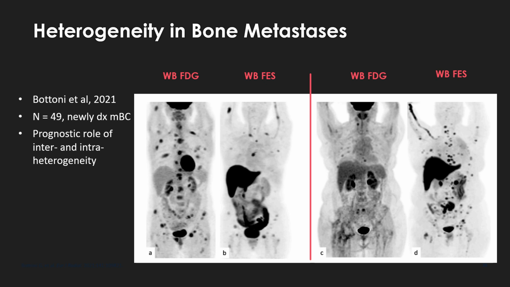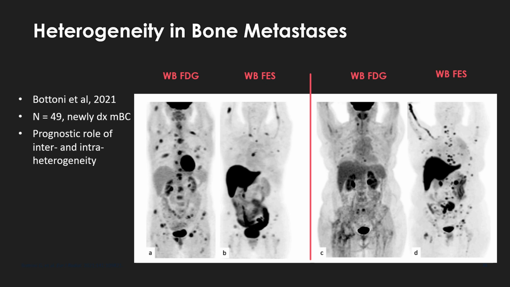The patient on the right, however, had much fewer bone metastases, and the FES study has a lot more noticeable lesions on it. This patient had predominantly ER positive metastases and did not suffer from disease progression over time.